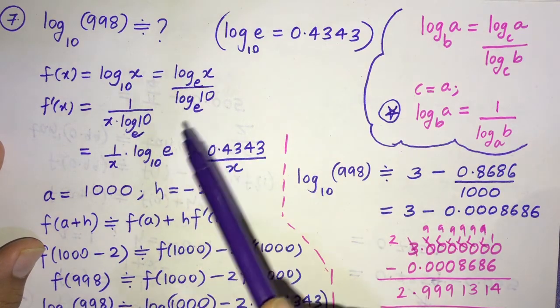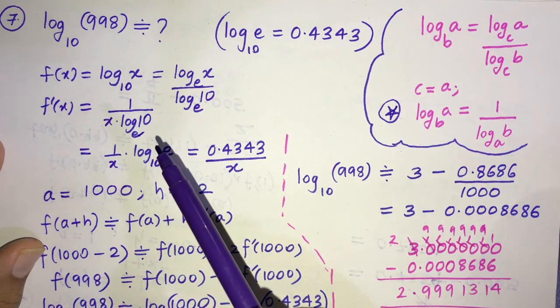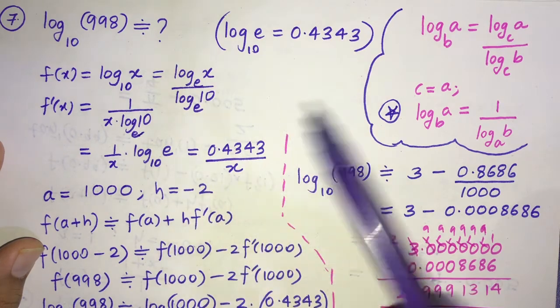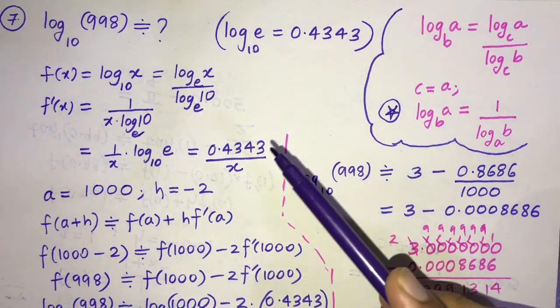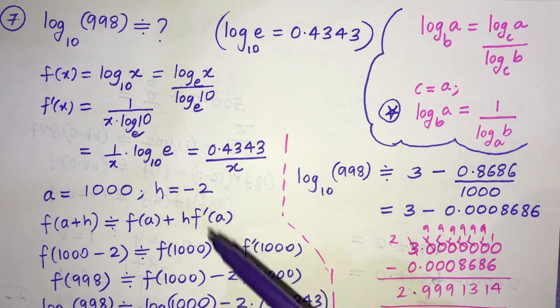So यहाँ पे log 10 to the base e है, वो बन जाता है log e to the base 10, which can be put as 0.4343. So we have 0.4343 upon 1000 when we are finding approximation.